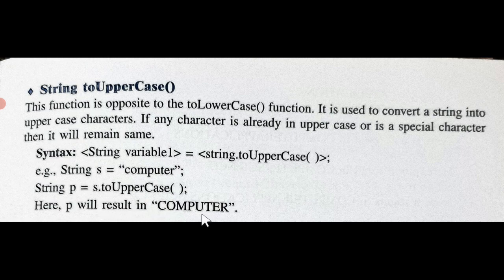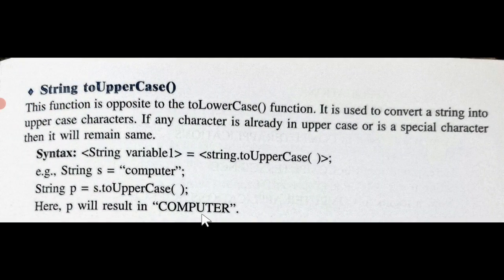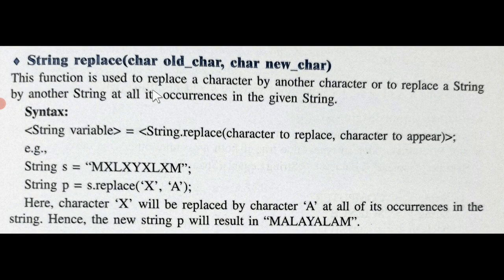So after that, students, we move to the next function. Here return type is a string, and toUpperCase is the name. We have already done it just now. Now after that, string replace. So replace is basically where you specify two characters. One is the previous character which is to be replaced, and the second argument is again of char type, which has the new character to replace the old one. And students, here the return type is string type.